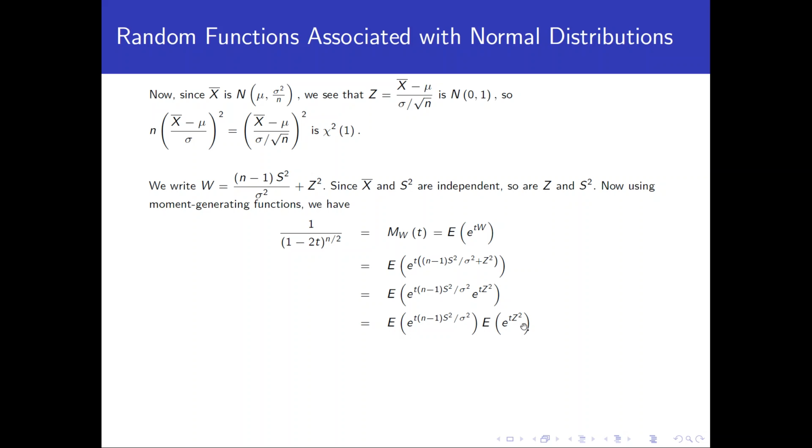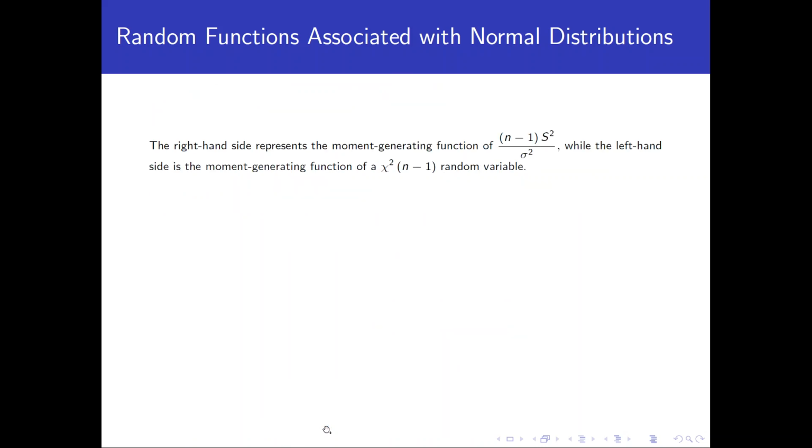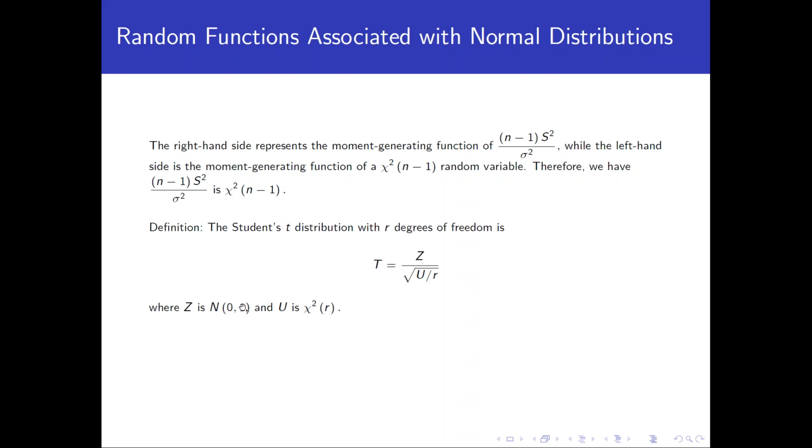This is chi-squared of 1, so its moment generating function is just 1 over (1 minus 2t) to the 1/2. Now clear your fractions, and you get the moment generating function for n minus 1 s squared over sigma squared. And we see that it must be chi-squared of n minus 1, because that's the way the moment generating function looks. So in this case, we get that this particular random variable is chi-squared of n minus 1.